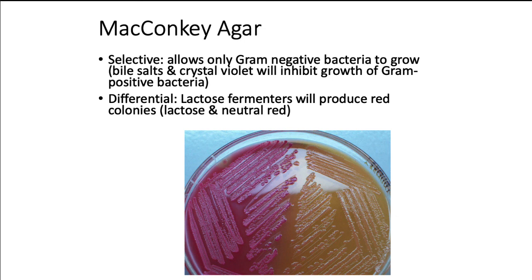And then it's differential because it also contains lactose. So again, we are looking at the fermentation product here. Those that are able to ferment lactose will change color, and the colonies will be red. And if they are not lactose fermenters, then they are going to be these very pale yellow colonies.